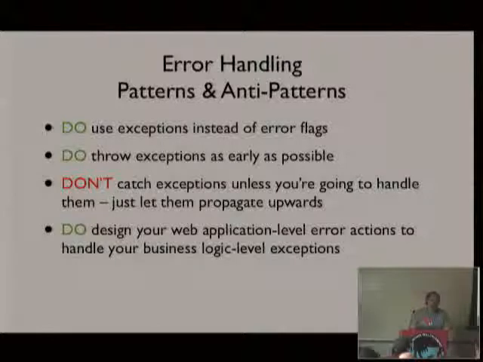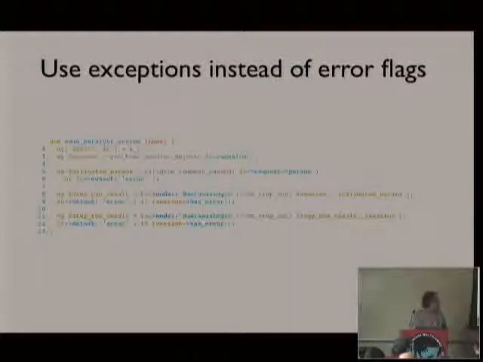Like, if you catch it, it's your responsibility to handle it. If you're not going to handle it, just let it propagate. That's the point. And particularly if you're doing web application level stuff, generally the pattern that you're going to have is your business logic is going to throw an exception. The web app needs to handle the exception.